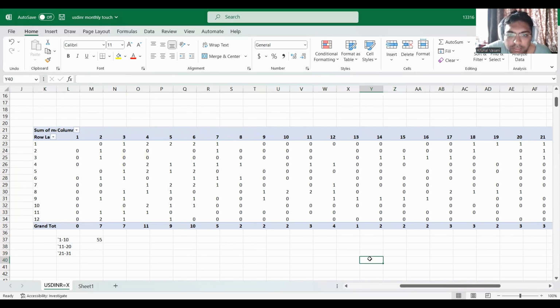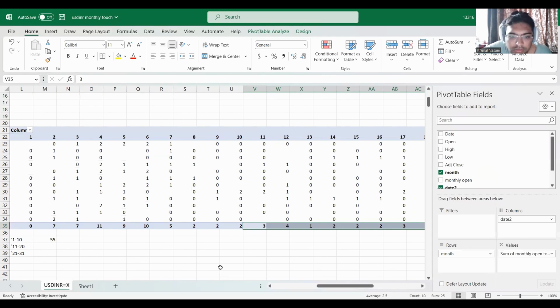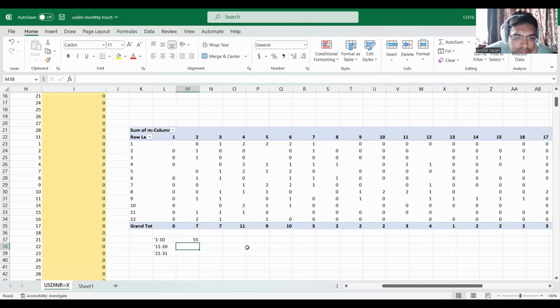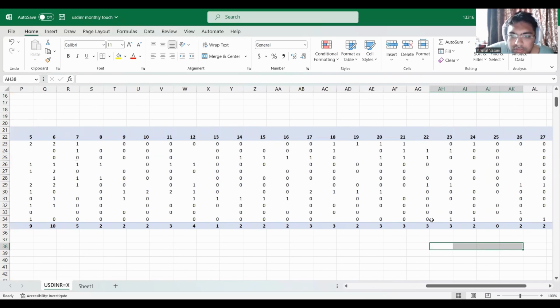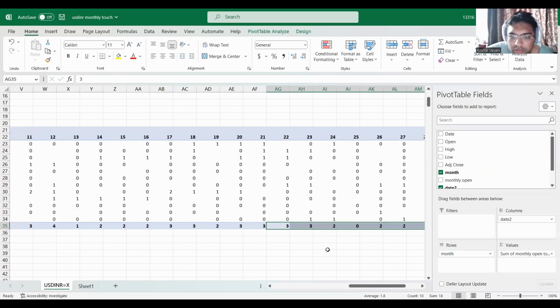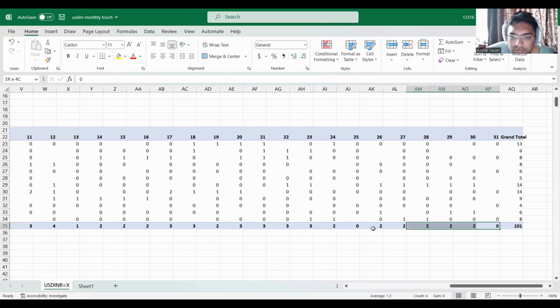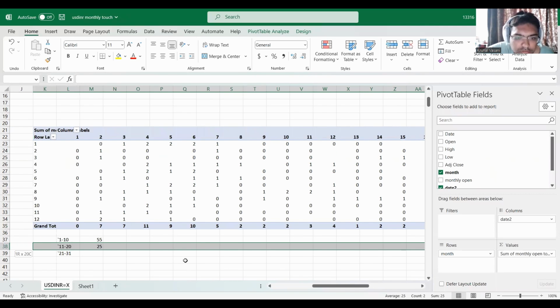From 11 to 20, it has touched 25 times. And from 21 to 31, for the last 10 days, it has touched 21 times.